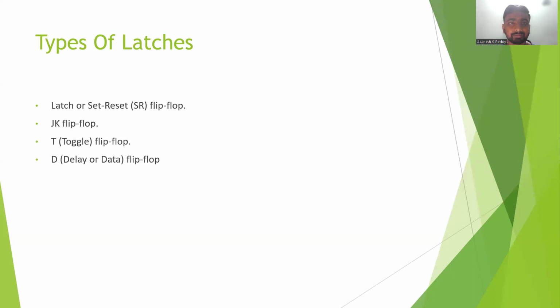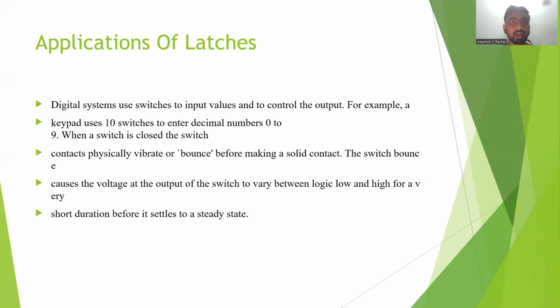Types of latches: SR latch or set-reset latch, JK flip-flops, toggle flip-flops, delay or data flip-flops. Applications of latches. Digital systems use switches to input values and to control the output value.